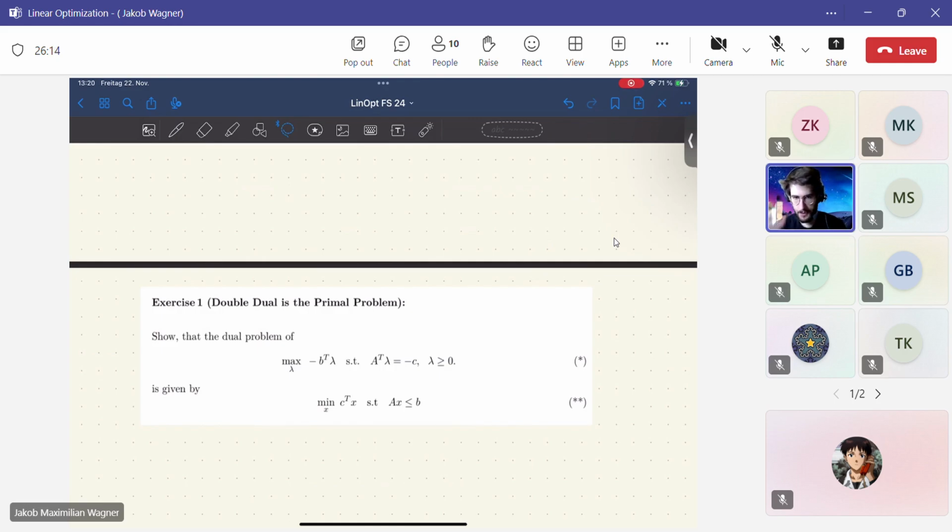If we take the dual problem and then again the dual problem of this, called the double dual, we arrive at our original problem again. So taking the dual doesn't only work in one direction; the problems are dual to each other, so to say.